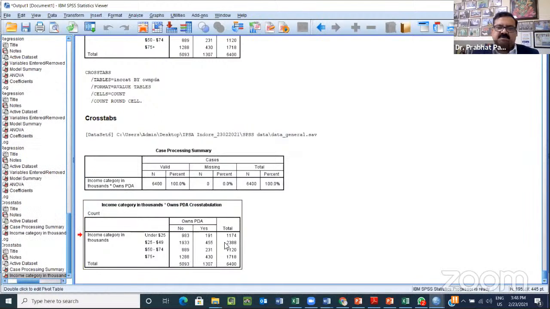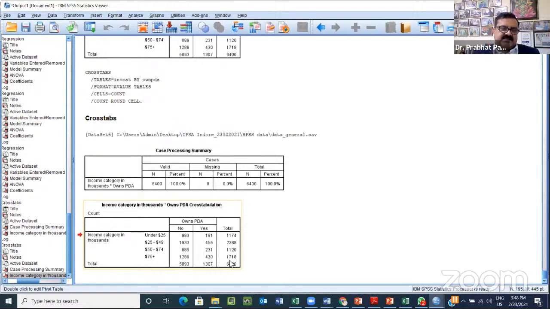So here the interpretation is that if you look at the people who are using it, 191 using it in the under $25 category. If you move on in the income, the number increased, then again decreased, and then again increased. So it's inconclusive. We cannot say anything about it, right?